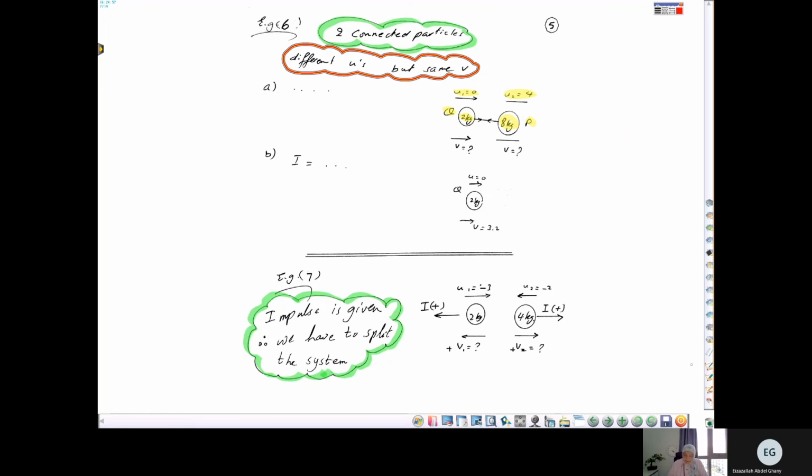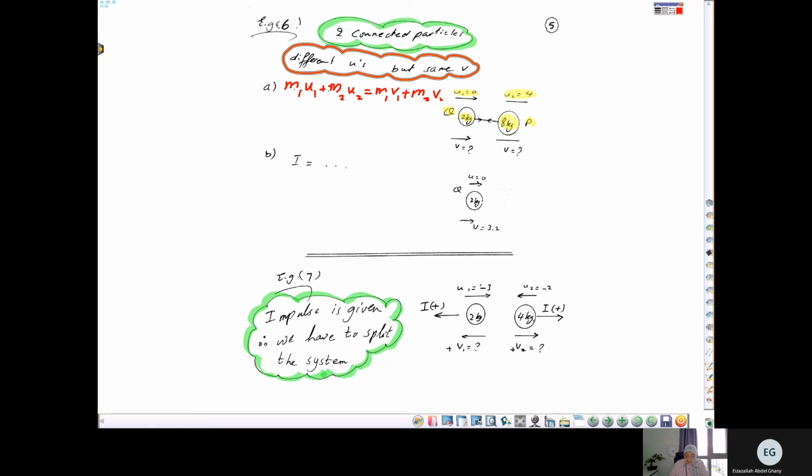Now let's start. We will use the law of conservation of momentum, which is m1u1 plus m2u2, this is before collision, equals the total momentum after, which is m1v1 plus m2v2.